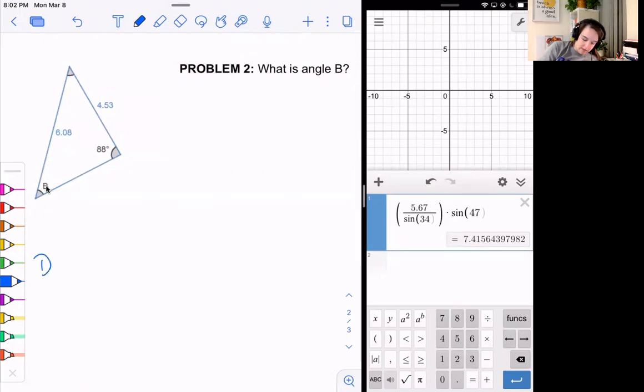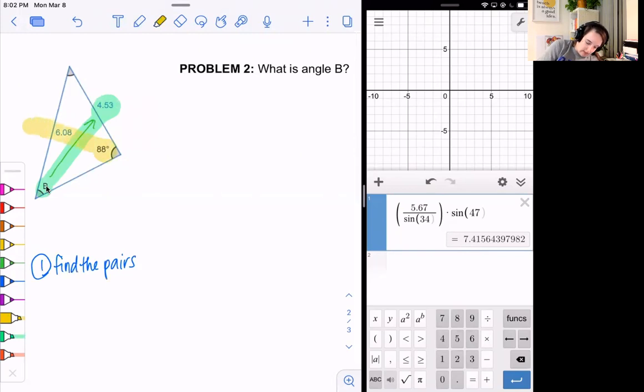All right, so my first step again is to find the pairs. Finding the pairs, so I have B, and it is straight across from this one here. So I have those two are together. And then I also have 88, and it is straight across from this side over here.